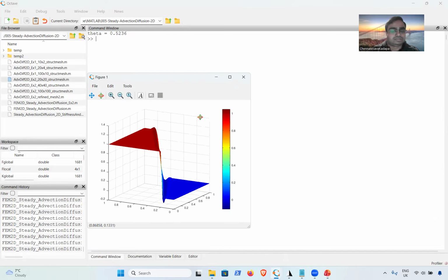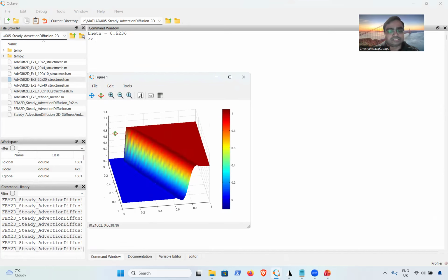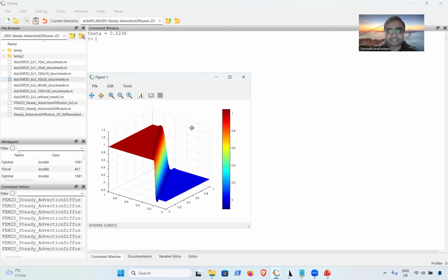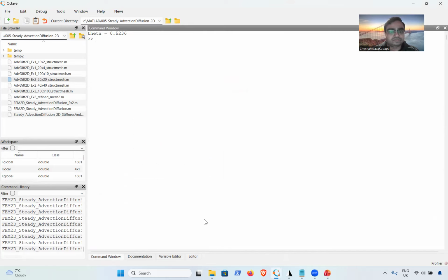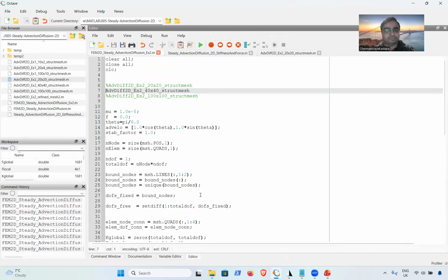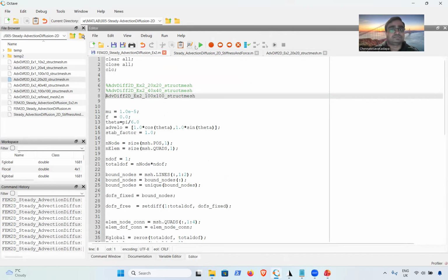So the solution is free from spurious oscillations here, but the solution still has some jumps and undershoots and overshoots. And what happens if you use the finest mesh?